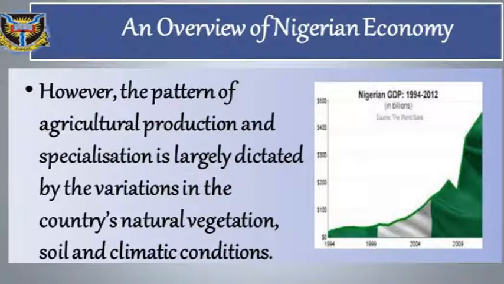However, the pattern of agricultural production and specialization is largely dictated by the variation in the country's natural vegetation, soil, and climatic conditions. For example, staple tree and root crops that require much rain are mainly produced in the southern part of the country, whereas grains and livestock that require little rain to produce are largely produced in the northern part.